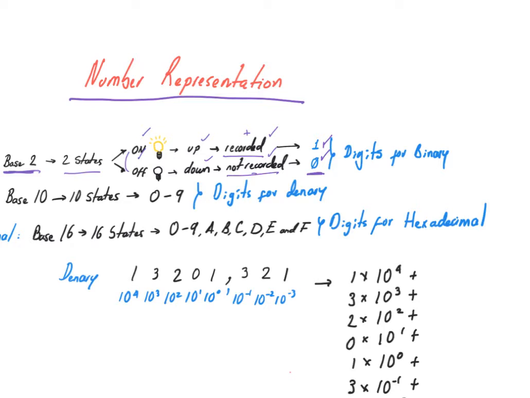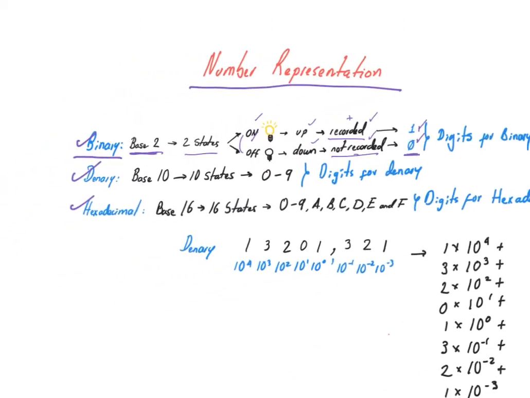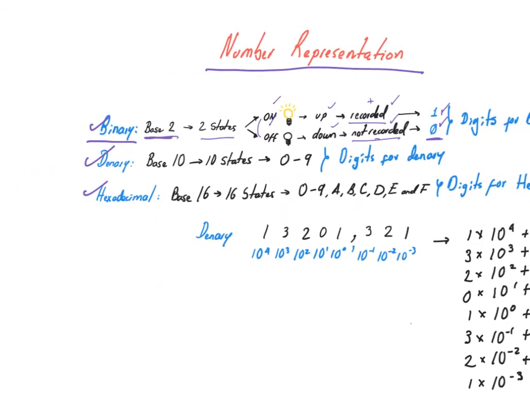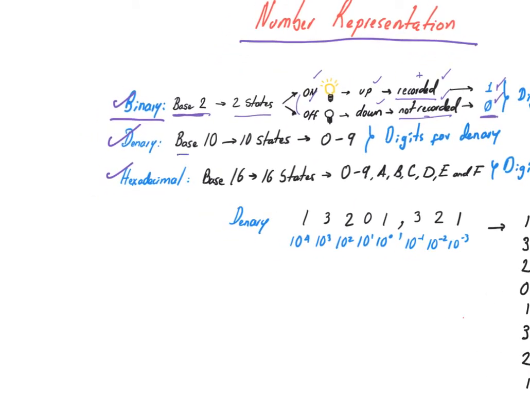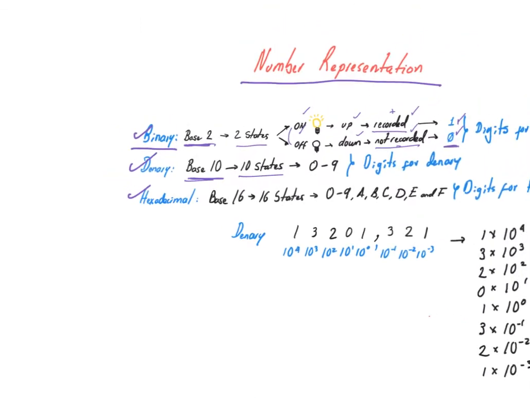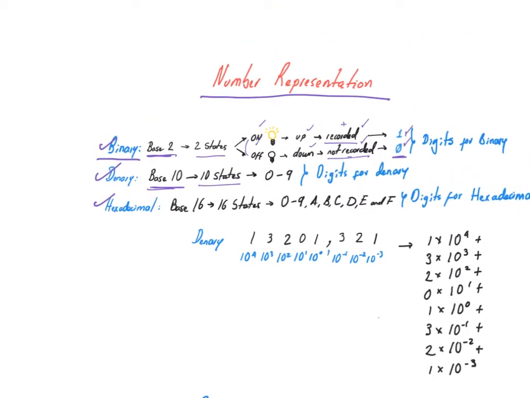And in computing, those are the ones you use to represent basically everything in the computer. Now, that's the binary system, right? It's base 2. The one we are used to is base 10, where we have 10 different states, and those states are represented by the digits from 0 to 9, right?